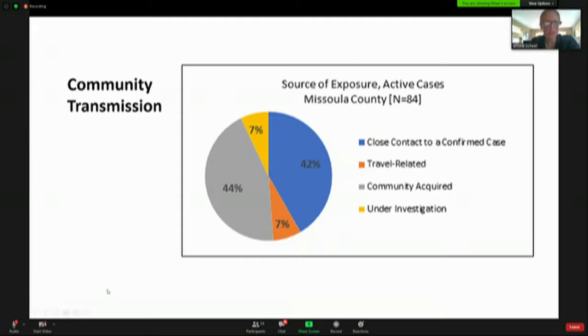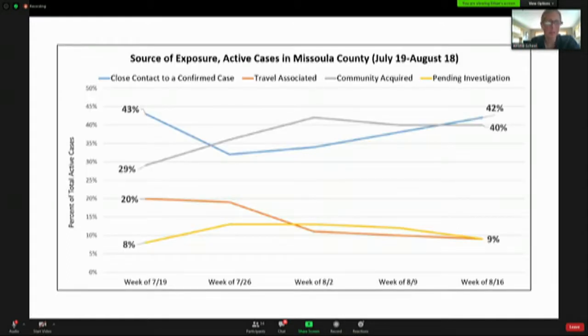So since early July, widespread community-acquired transmission has become more prevalent in Missoula County. This is something we like to keep a very close eye on. When we start going up, we have less control over containing the spread. Keeping community spread low really helps us manage our caseload and maintain our capacity for case investigating, doing monitoring, and then doing contact tracing.